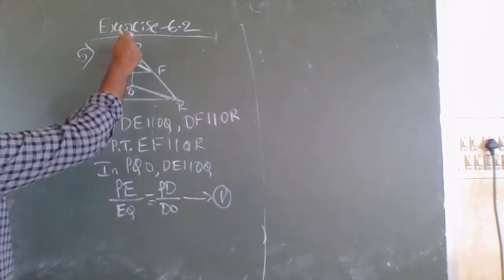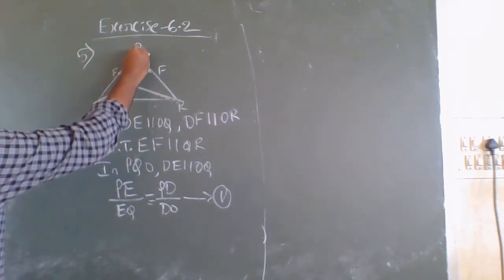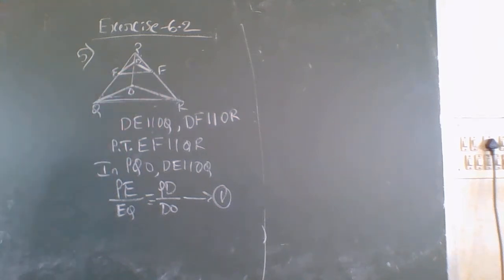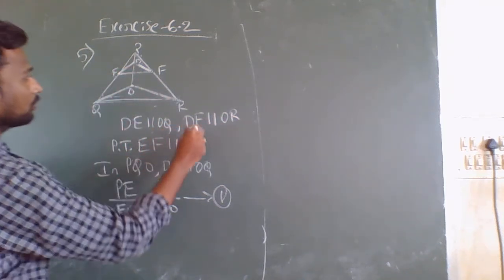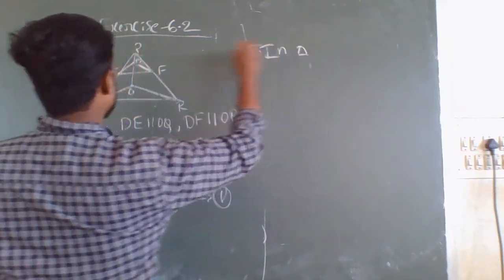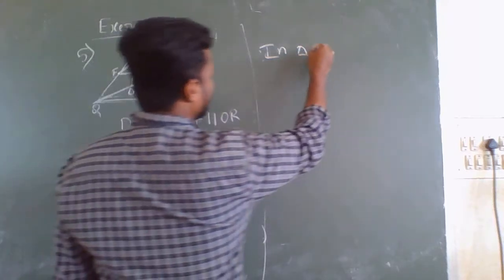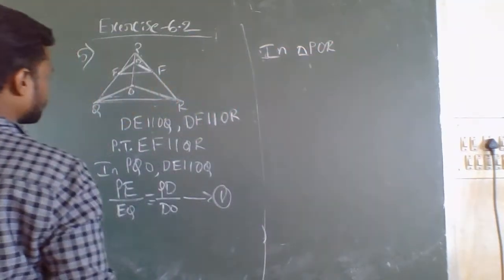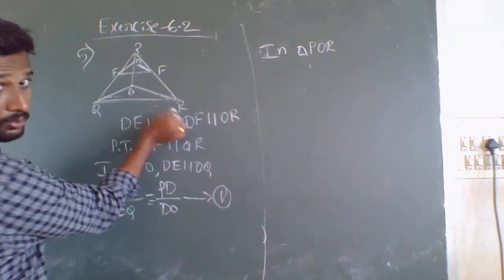Now I will consider another triangle POR. In this triangle POR, DF is parallel to OR.